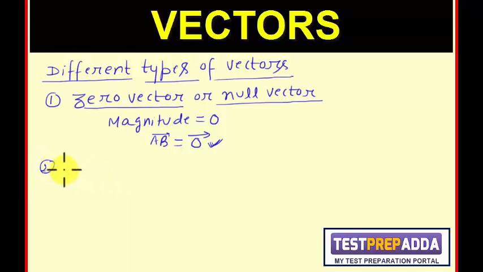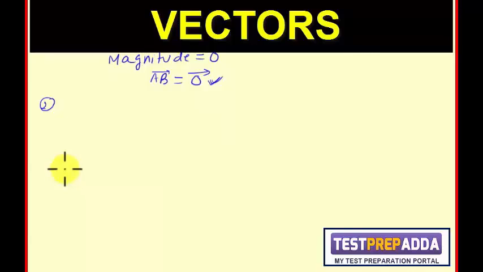Second, unit vector. Again, as the name suggests, unit vector, its magnitude will be 1.